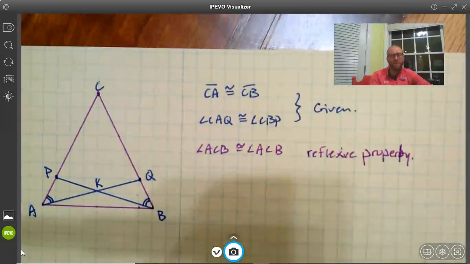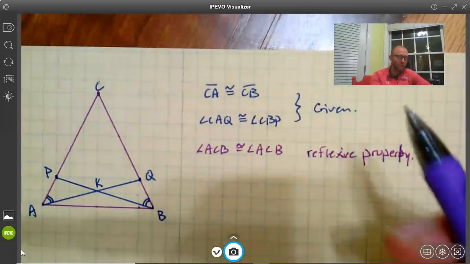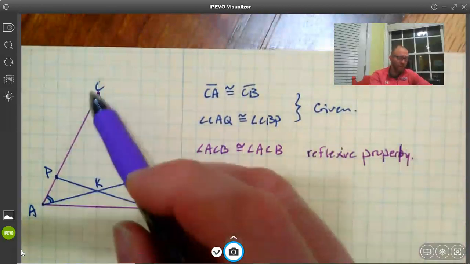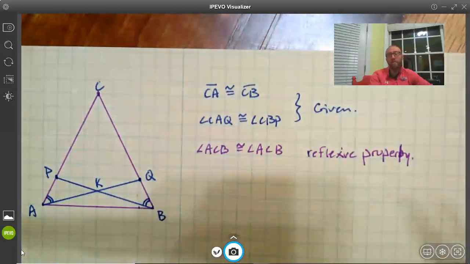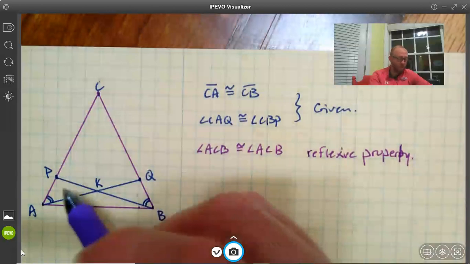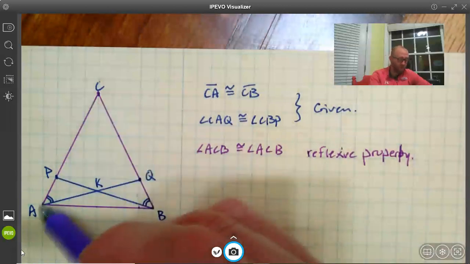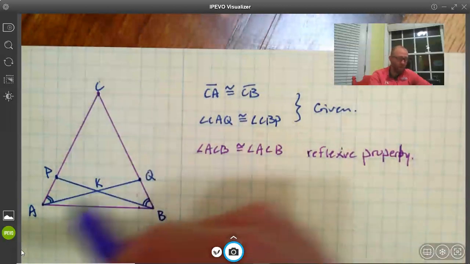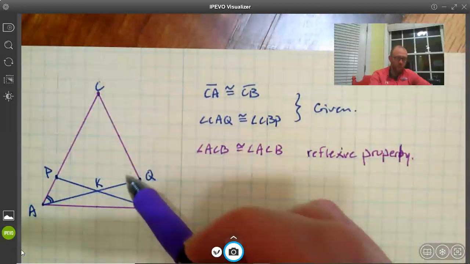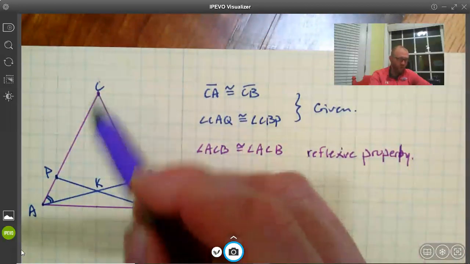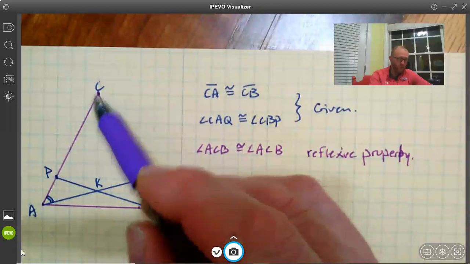And why do we have to say that something is the same as itself? Well, because it happens to be that angle ACB is a part of two different triangles. There's one over here, triangle ACQ, right? And it's also part of triangle CPB over here.